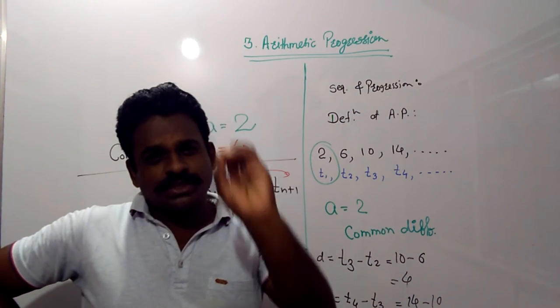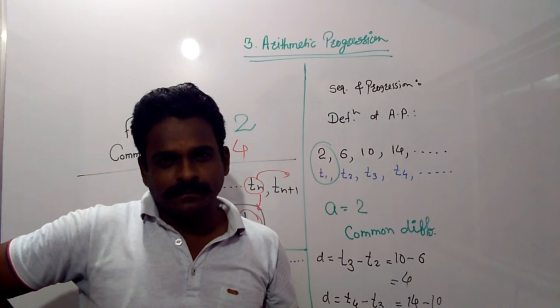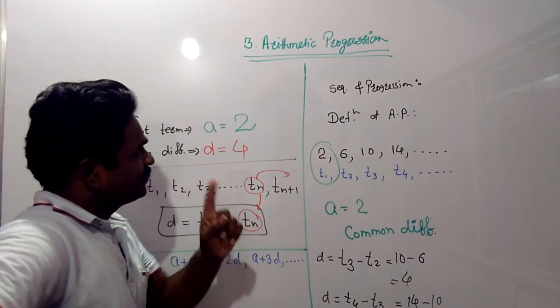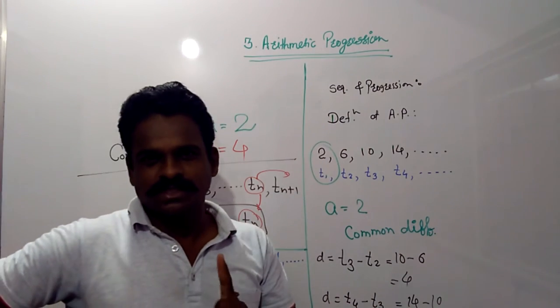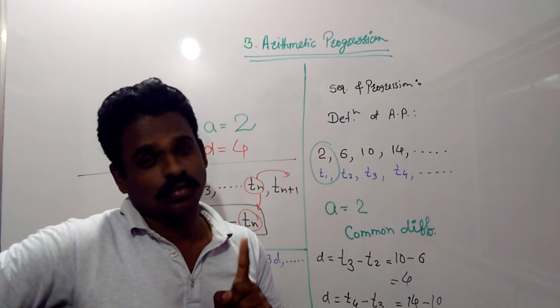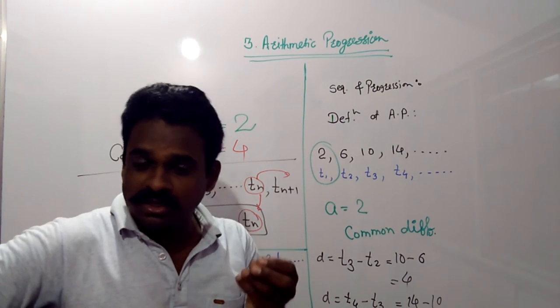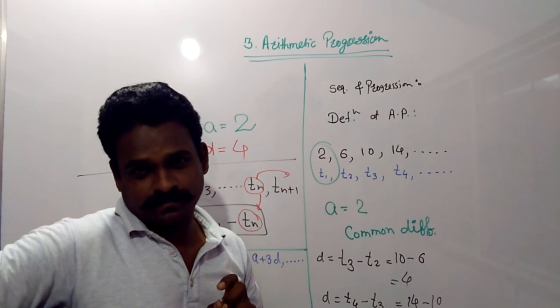The chapter till now which we have completed: in the very first lecture we discussed sequences, what sequences are, and how to find the general term in a particular sequence.